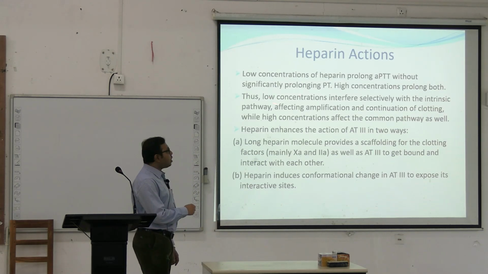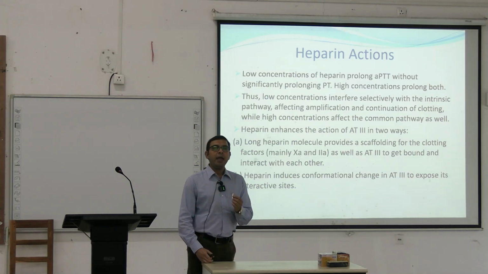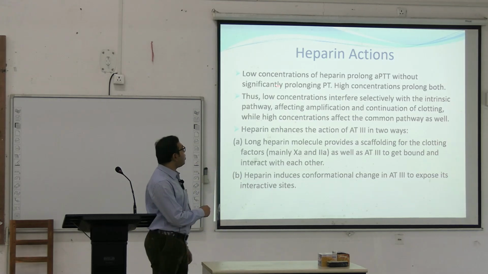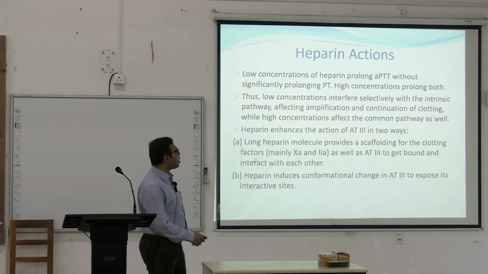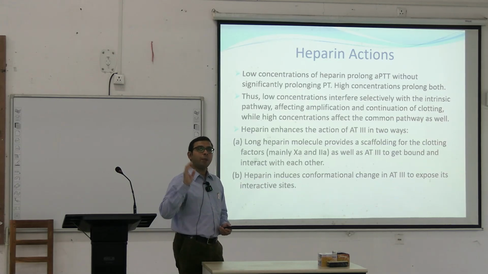So the same thing it has been seen. When low concentration of heparin acts like that of the low molecular weight heparin, they prolong APTT without significantly prolonging the prothrombin time. High concentration ultimately prolongs both the APTT as well as the prothrombin time.